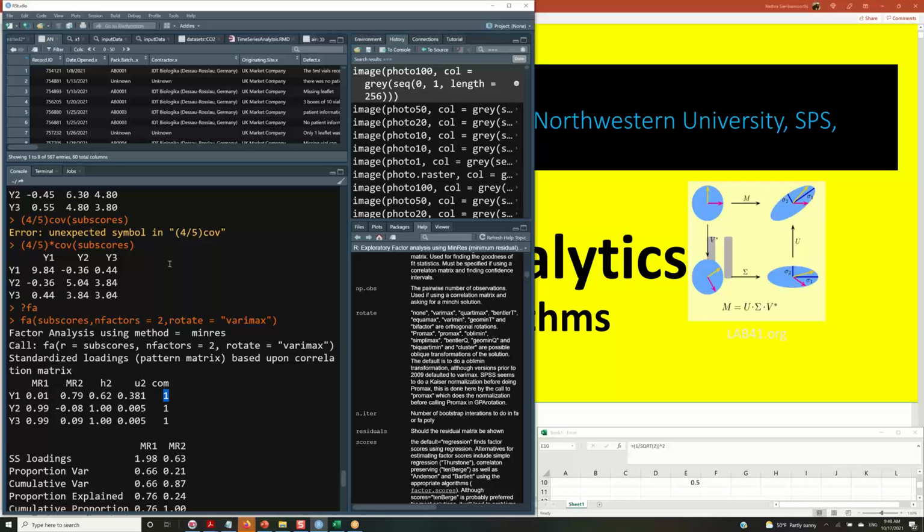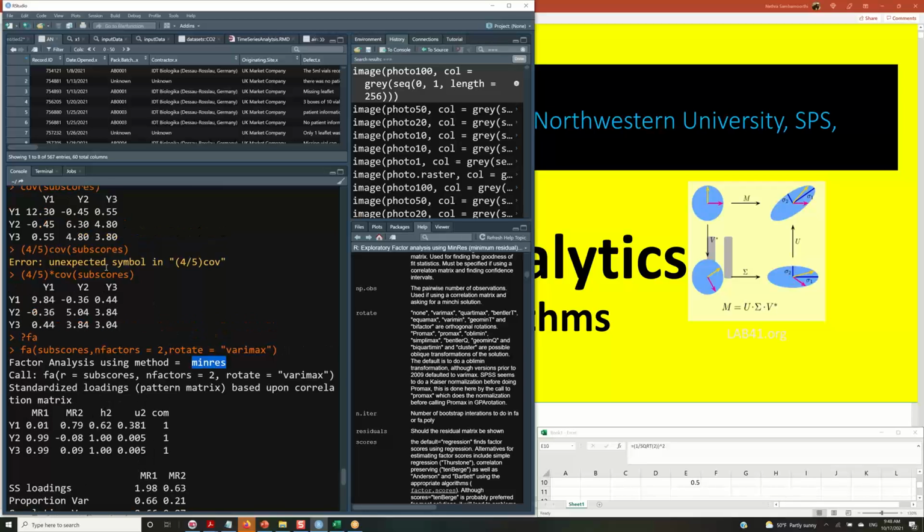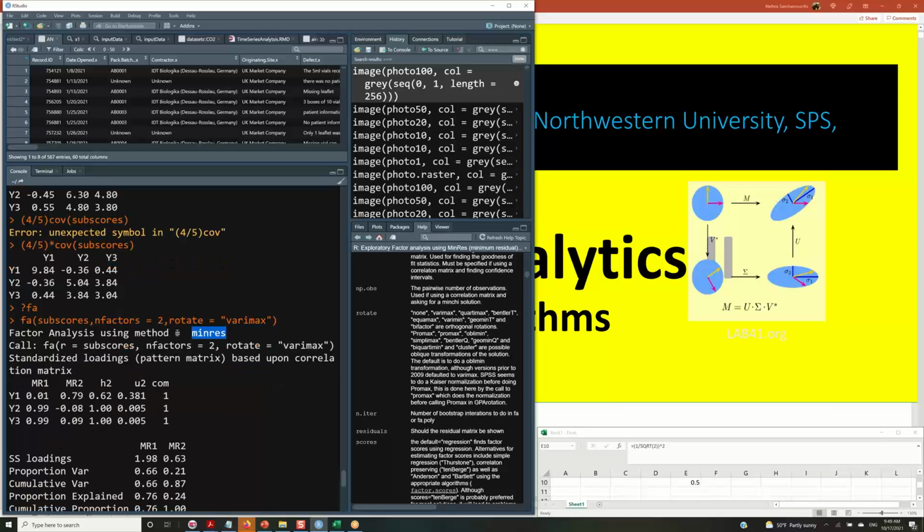It automatically uses standardized variables, and the factor analysis uses the minimum residuals method. That is fine. It is standardized based upon correlation. That's why it is 1, 1, 1. You understand what I'm saying? These are the variances, variance 1 total, and this is basically the communality plus the specific variance.